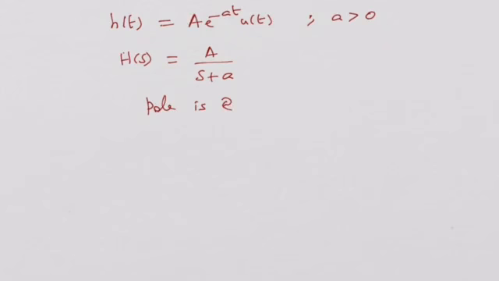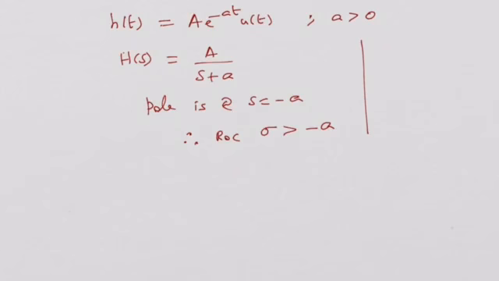The pole is at s is equal to minus a. Therefore, RoC must be sigma greater than minus a, where sigma is the real part of s, isn't it?